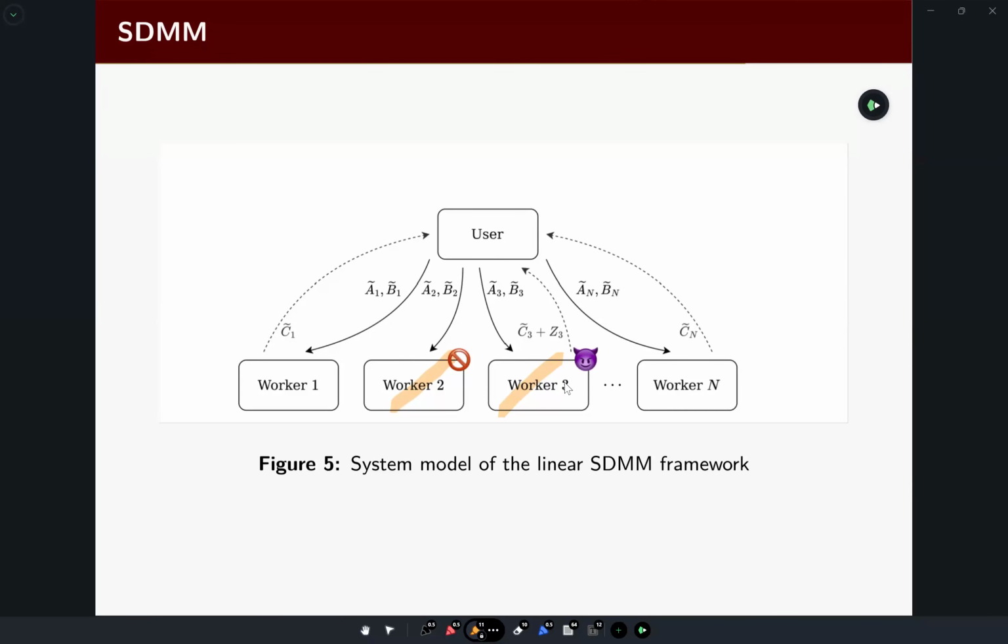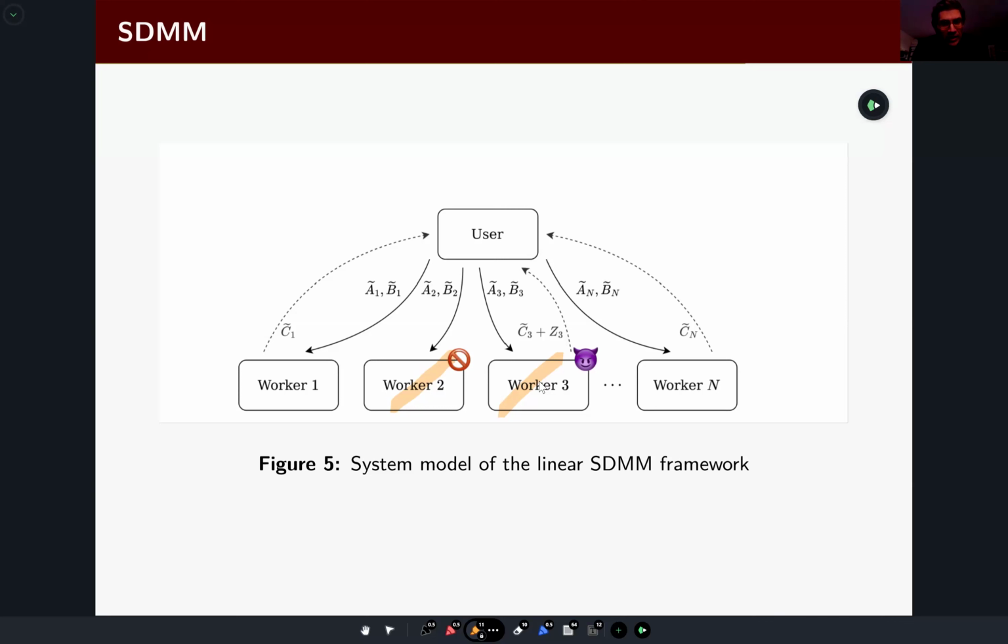So for example, if you send A3 tilde, B3 tilde, then the malevolent actor can access A3 tilde, B3 tilde, and try to get information about the original matrices that you are using. So that's the definition.